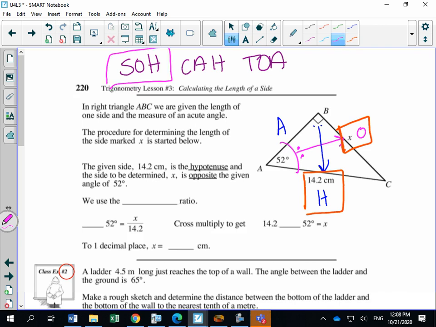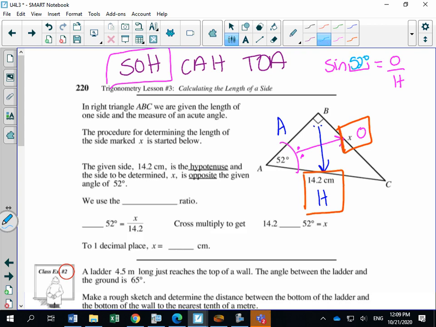And here's how you're going to write this. The sine of a given angle is equal to O over H. I know what my given angle is. Hermes, what was my given angle? 52 degrees.